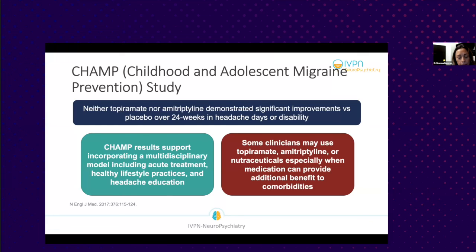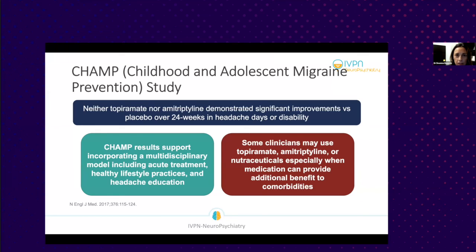The findings were a bit surprising, because neither topiramate nor amitriptyline demonstrated any improvement over placebo. So what this tells us is that there's really no one slam dunk, surefire treatment approach as far as pharmaceuticals that's going to be guaranteed to be efficacious.